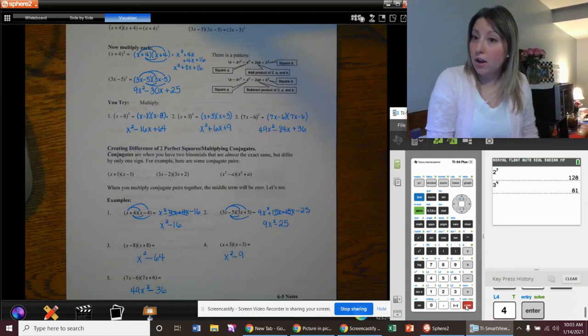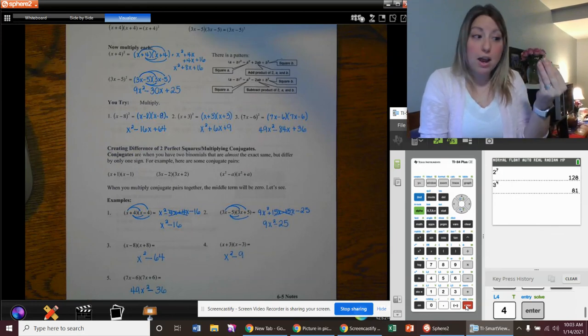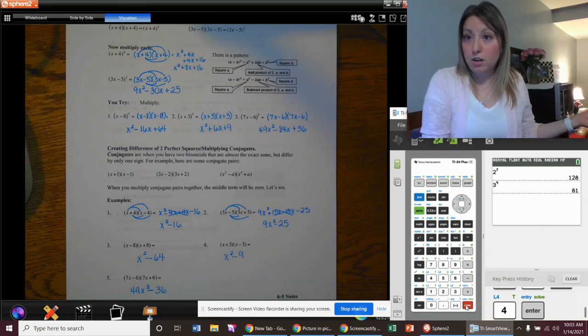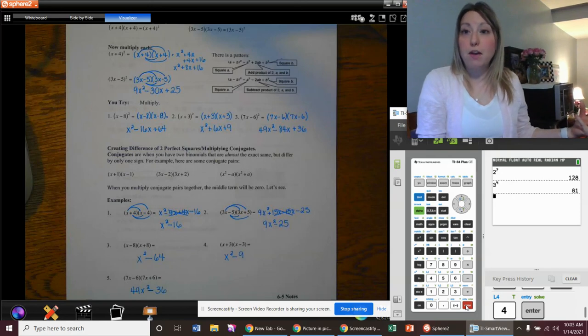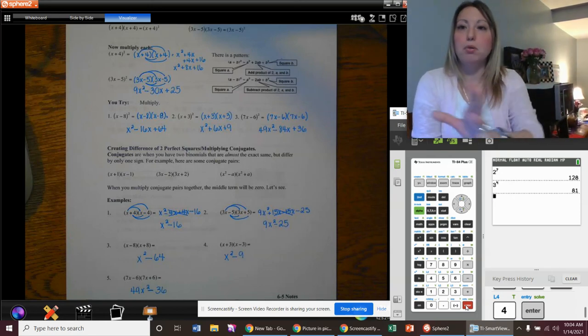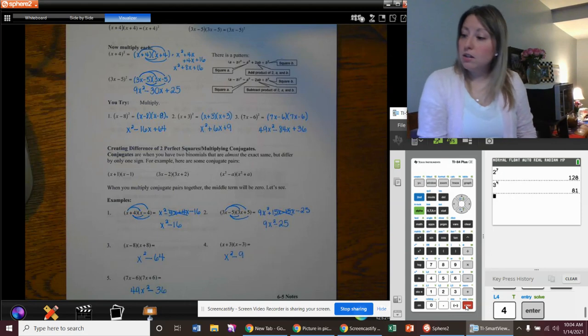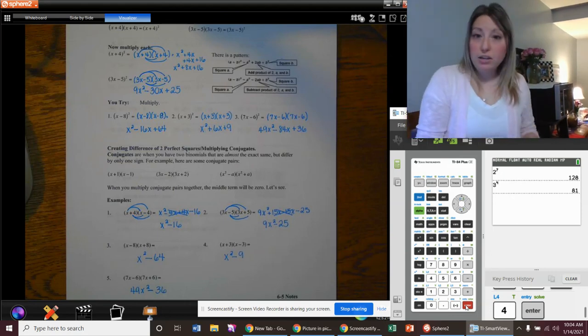That's absolutely fine. They are just patterns I want you to start thinking about now before we get into chapter 7. In chapter 7, when we start factoring, those are the patterns that are going to help us accomplish our factoring goals.